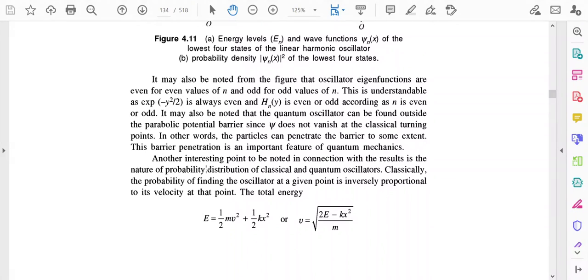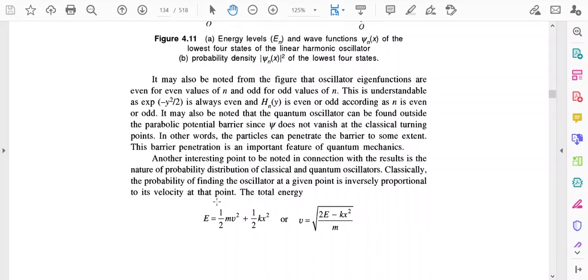Another interesting point to be noted in connection with the results is the nature of the probability distribution of classical and quantum oscillators. Classically, the probability of finding the oscillator at a given point is inversely proportional to its velocity at that point.